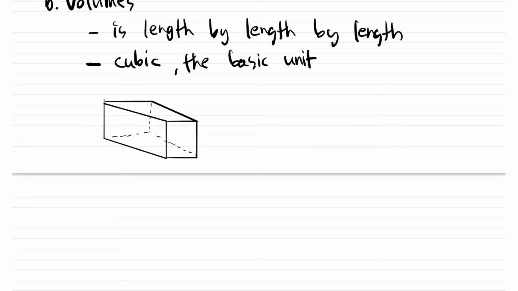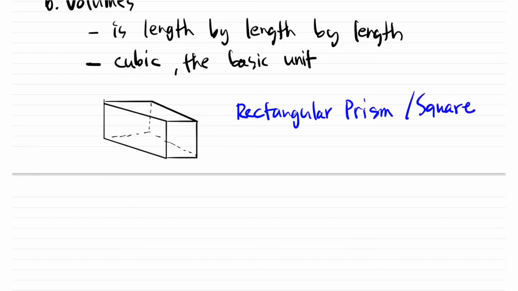So for a prism, for a rectangular or cubic prism, for a rectangular prism or the square, we have volume is equals to length times width times height.